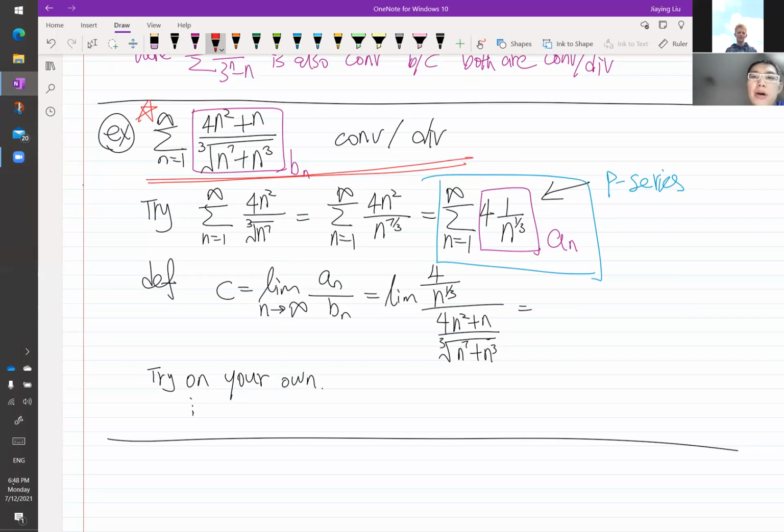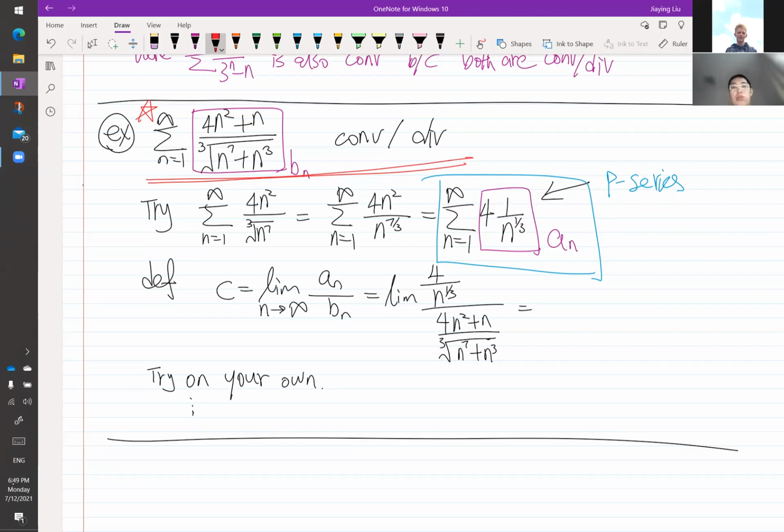We have to use this C to determine if both of them are going to be convergent or both of them divergent. That will depend on the value of C. If C is infinity, then they don't have any relationship. One could be divergent, one could be convergent if C is infinity, or if C is negative.